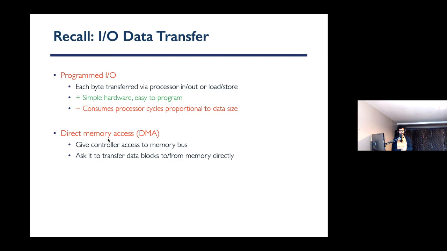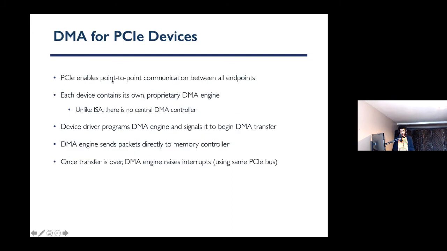So that's the DMA. And you can compare DMA with programmed I/O, which is basically byte by byte transfer of data by the processor. So these are the two that we kind of talked about: direct memory access and programmed I/O. Now, one thing about DMA for PCIe devices that you have to pay attention to is the difference between old devices and PCIe. So with PCIe, as I said, each endpoint can communicate with other endpoints.